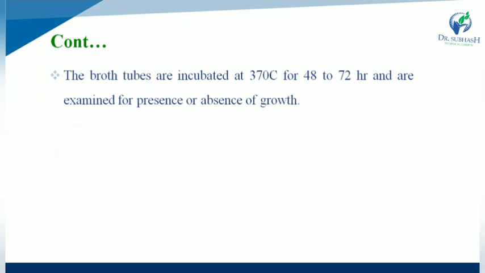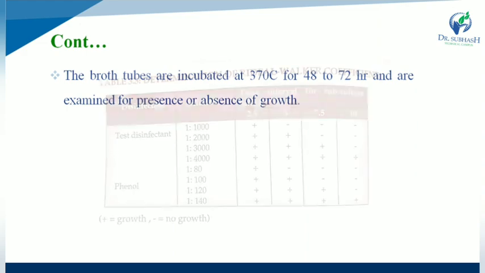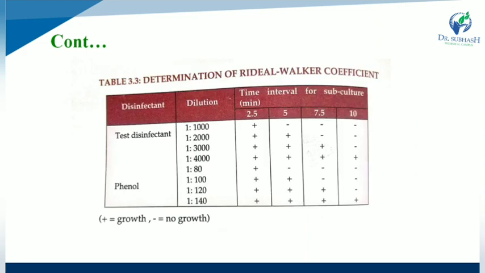The broth tubes are incubated at 37 degrees centigrade for about 2 to 3 days and examined for the presence or absence of growth. That is the determination of the Rideal-Walker coefficient.